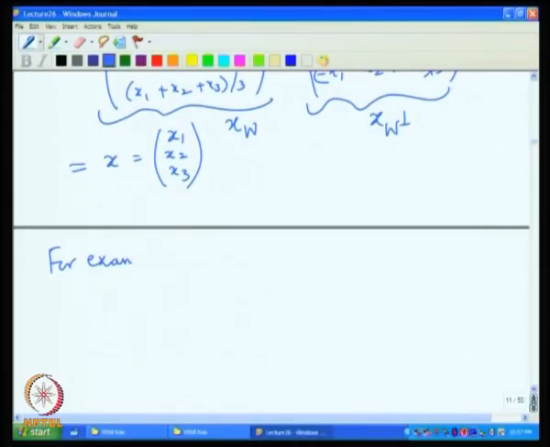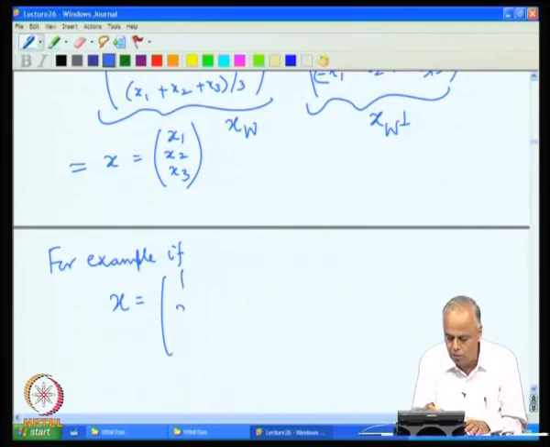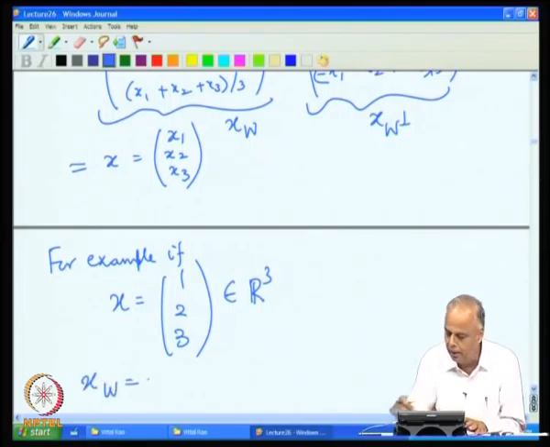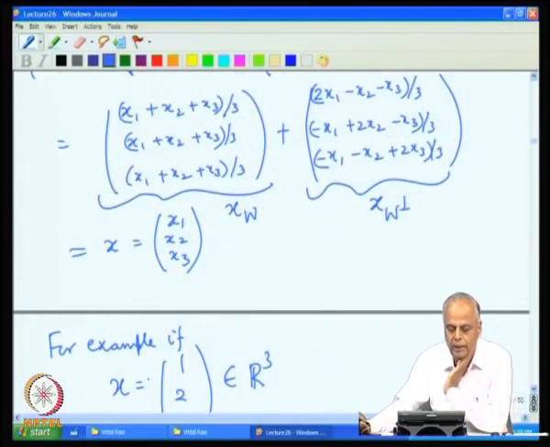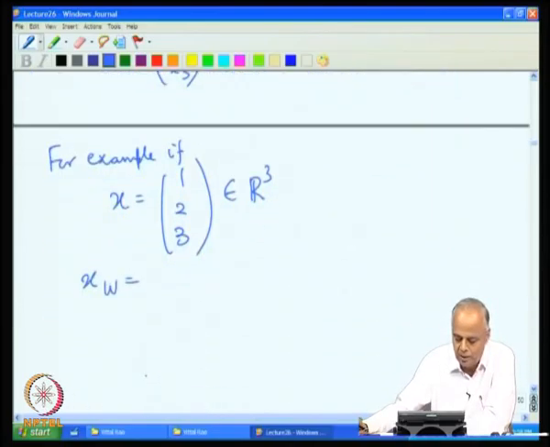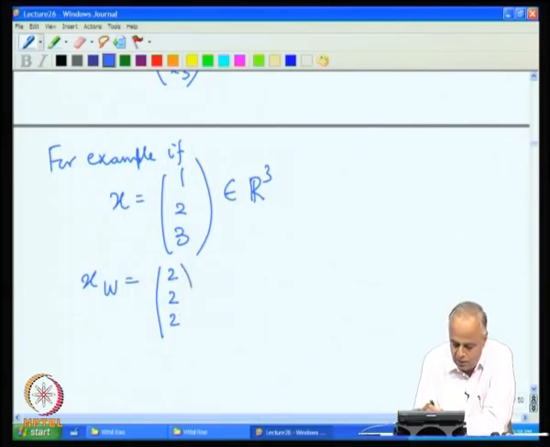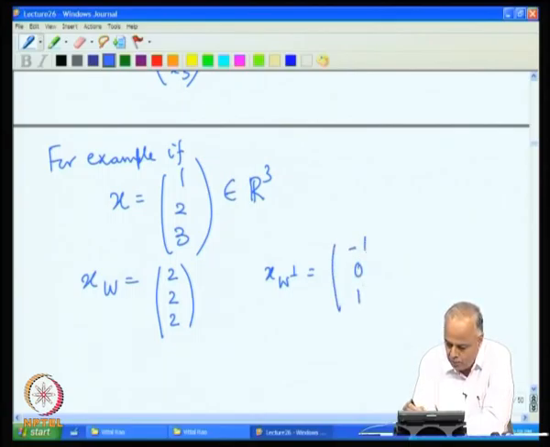For example, if x is equal to (1, 2, 3), a vector in R 3, then what is x w? The splitting simply takes the average of the three components, and you get (1 plus 2 plus 3) by 3, which is 6 by 3, 6 by 3, 6 by 3, and the x w perp is just (minus 1, 0, 1).